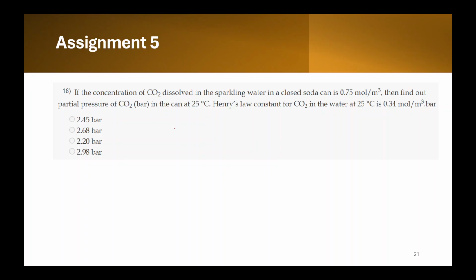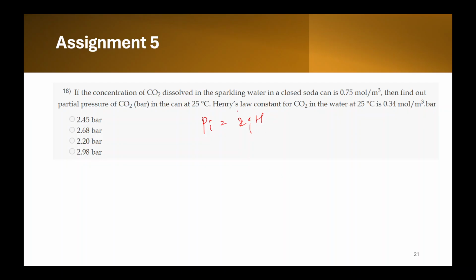So you know a relation for Henry's law is basically Pi, or partial pressure of that component, is equal to the mole fraction of that component in the liquid phase into your Henry's constant at a particular temperature.